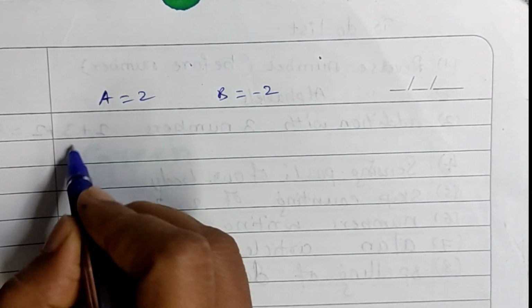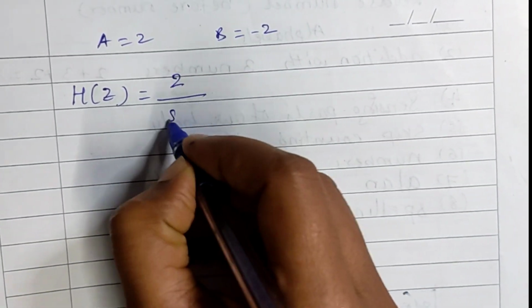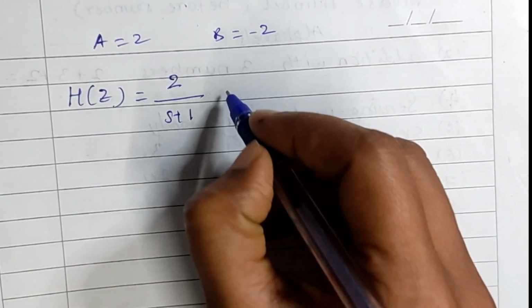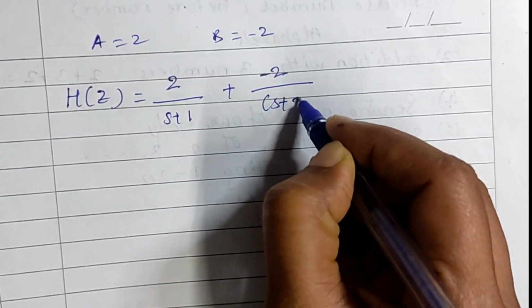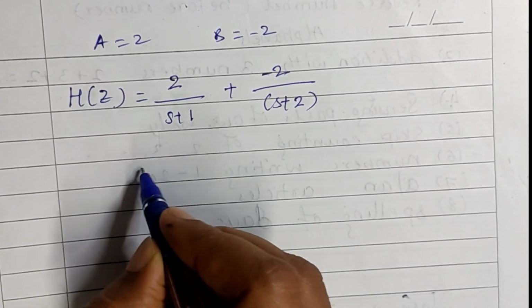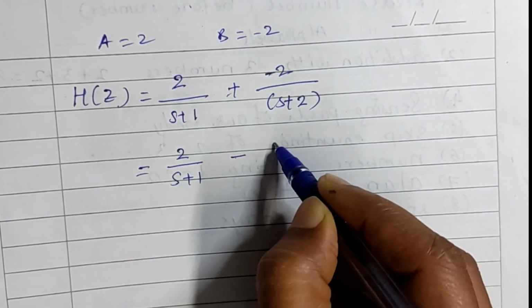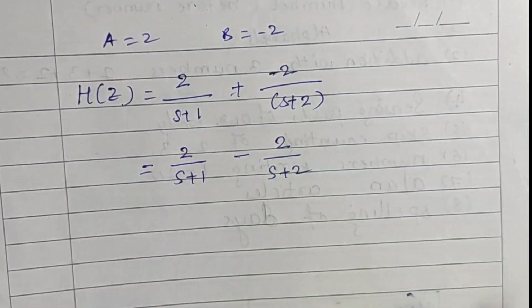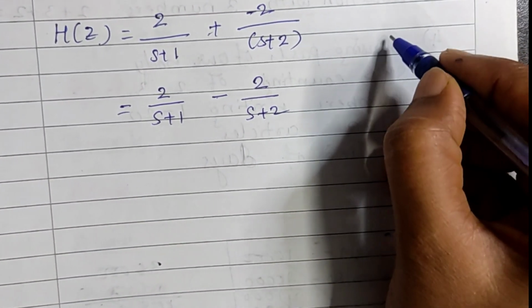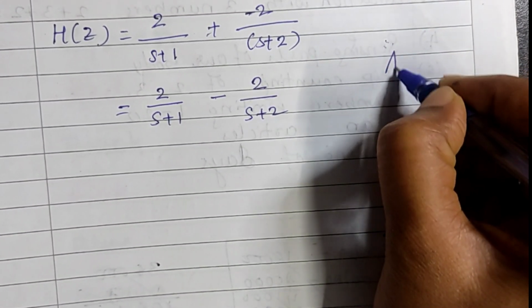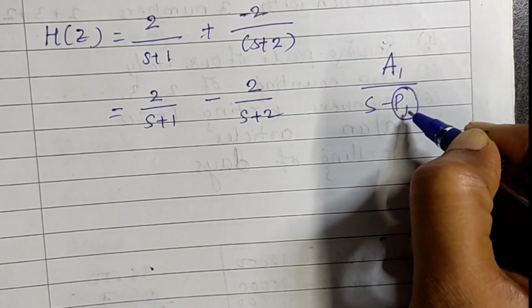Let us put this in the form of H of s, which is 2 divided by (s plus 1) minus 2 divided by (s plus 2). Now we have to express these in the form A1 divided by (s minus P1), where P1 is our pole.